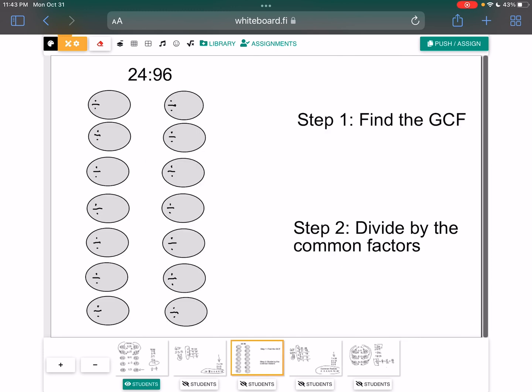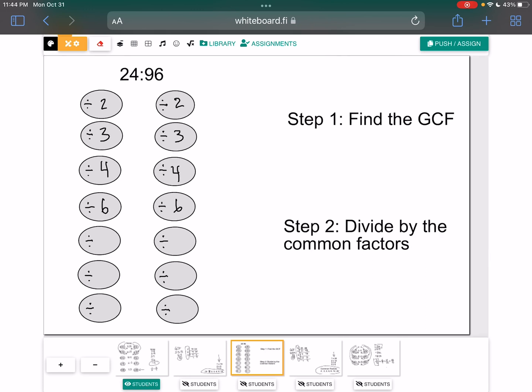So let's go back. We did say that the common factors were 2, 3, 4, 6, 8, 12, and 24.